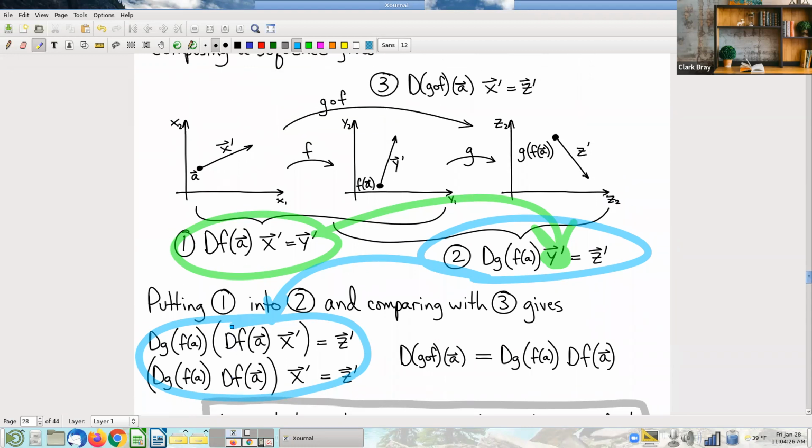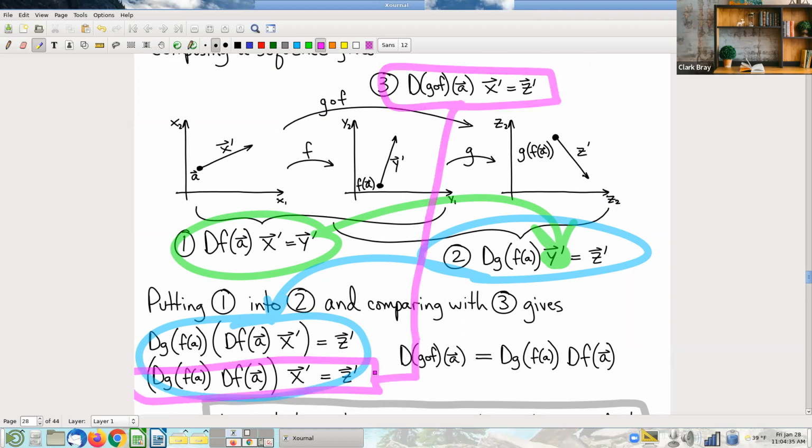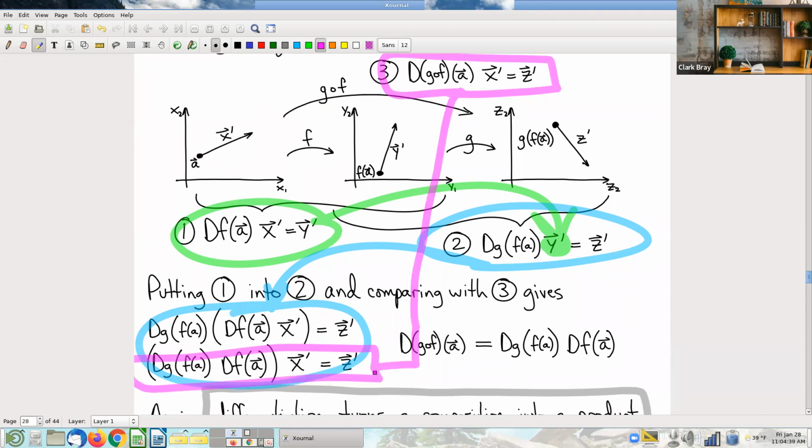And then I can compare this equation, which I wrote down in a different location on the page, to that equation. Both of these are saying what you do to x prime to get z prime. Well, if you're doing two different things and they do exactly the same thing, then they're not different. They are in fact the same.